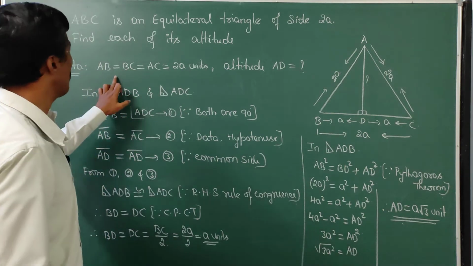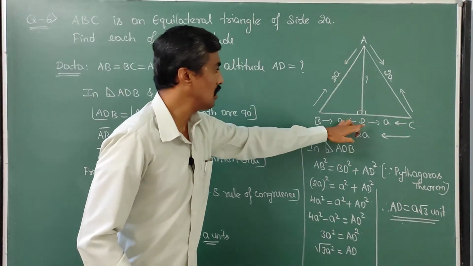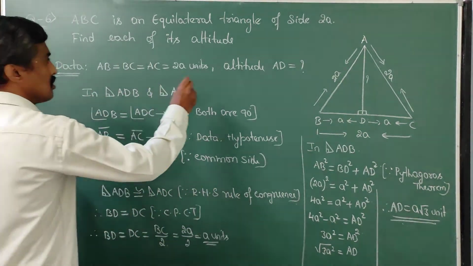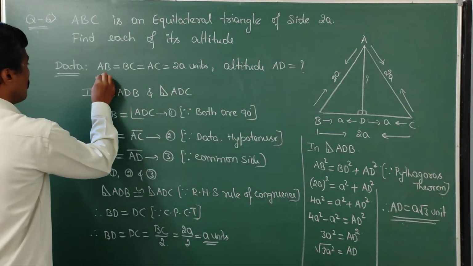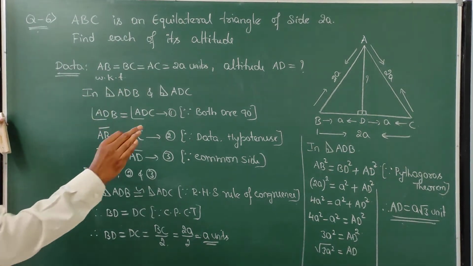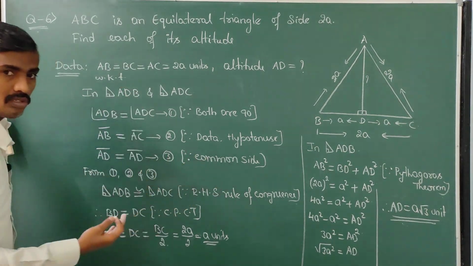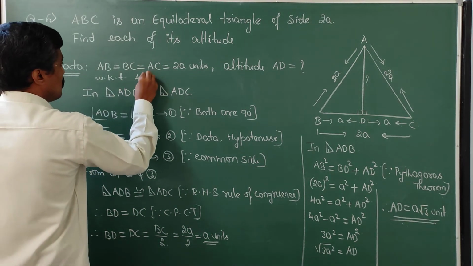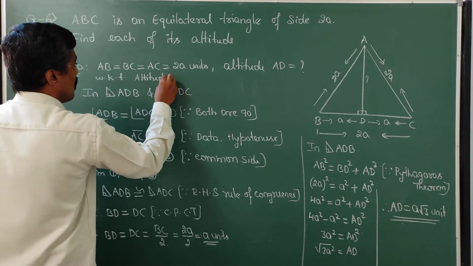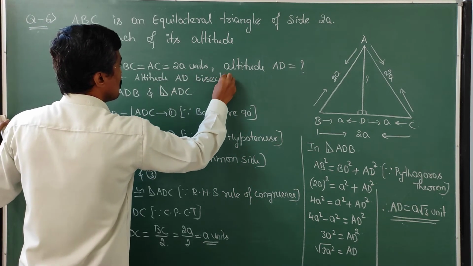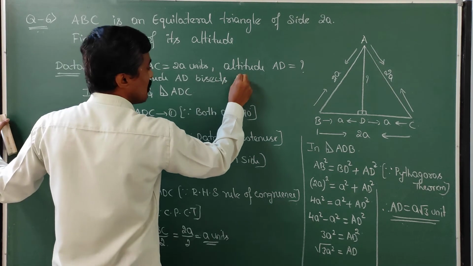So write in the data: altitude AD bisects BC. Okay, so here just AD, we know that, write down here. If they ask for 3 marks, then what I have written, you have to write. Okay, we know that altitude AD bisects BC.